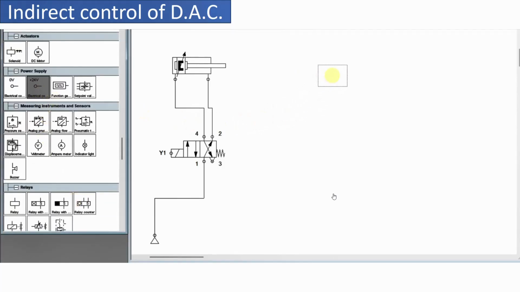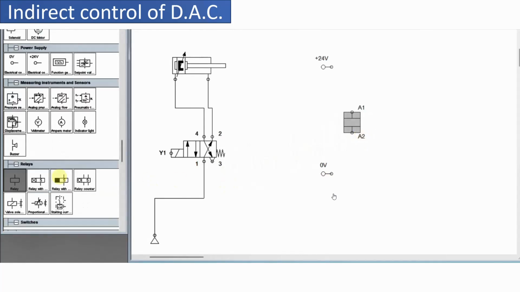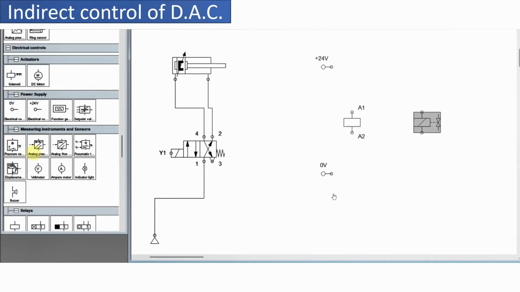So positive and negative supply that we are selecting. Then select the relay, then the solenoid valve, and then we have to select the corresponding switches also.